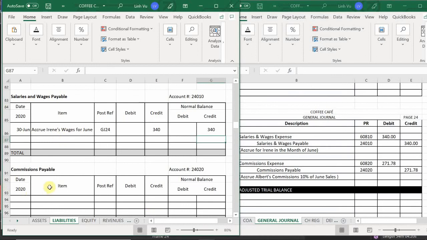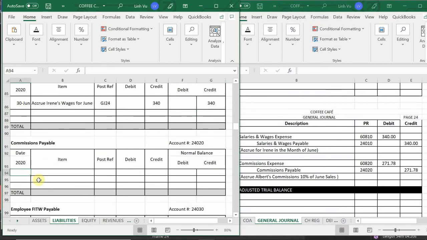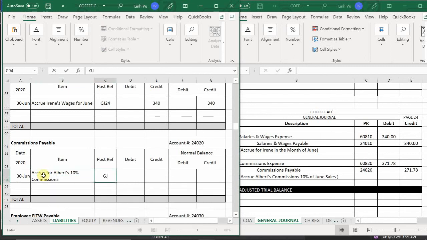So here, commissions payable. We could do that first, since I'm already here. So 24, 271.